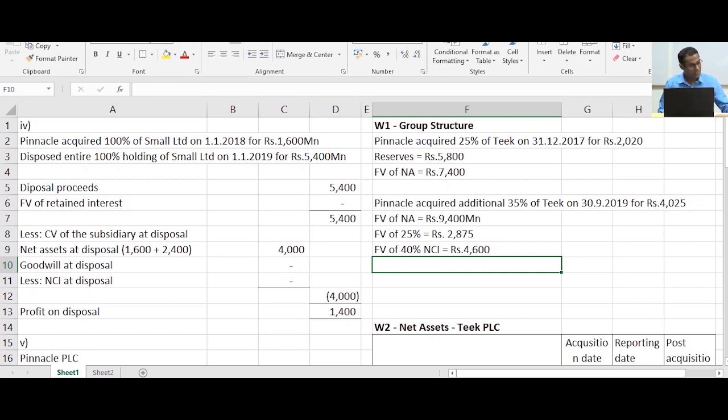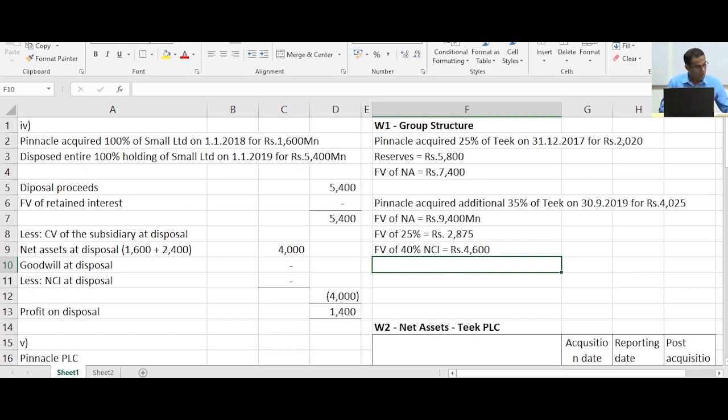Now, this is what we have with regard to the group structure. Then it was mentioned that Pinnacle measures the subsidiary at fair value through other comprehensive income. They select the choice of measuring the investment in the subsidiary in the parent's individual financial statements at fair value through other comprehensive income.